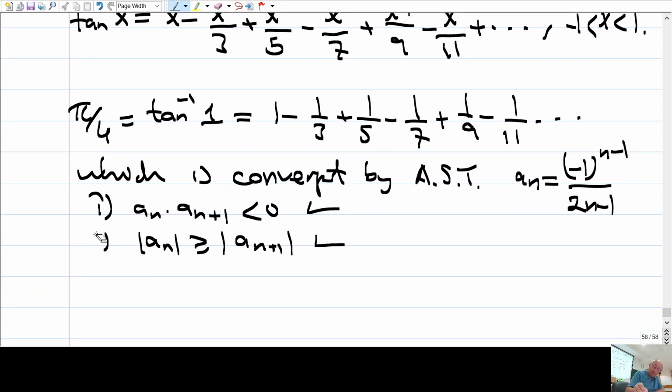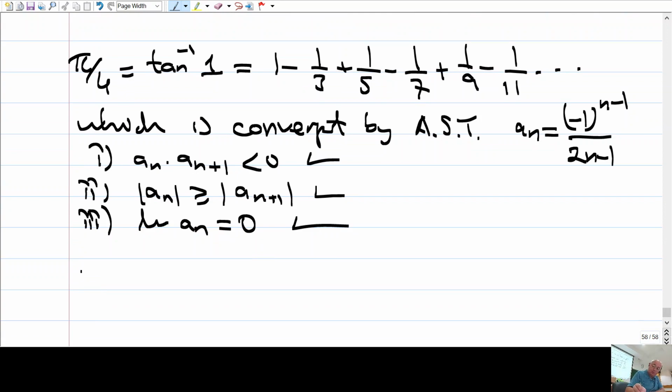And the limit of a_n is 0. Well, that's also true. So it is convergent. Since this is convergent, by Abel's theorem, it is equal to this function.